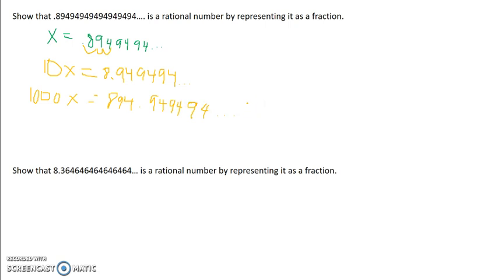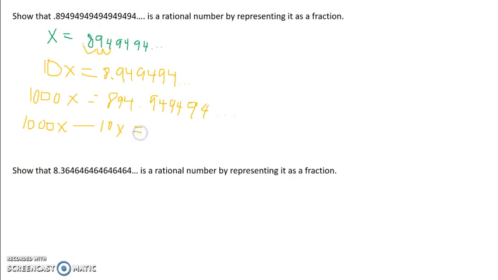Alright, so now I need to subtract my equations. So I'm going to subtract 1000x minus 10x.